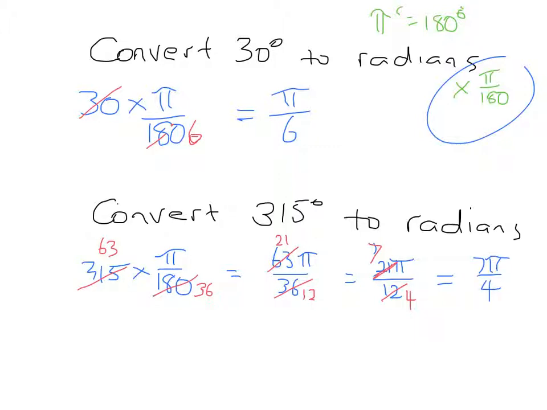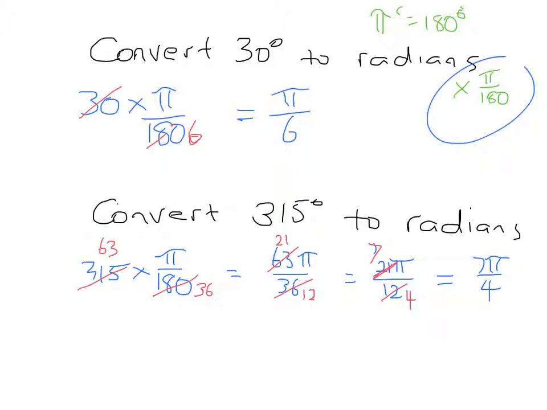Now, if you had have identified earlier that a bigger number will go in, 45 will go into both 315 and 180, you could have cancelled down the 45 for both of them, got straight to the 7 pi over 4. But this is just showing you some steps of breaking it down so that you can get there in smaller steps if you're less comfortable with the big numbers. So the answer we have for this one is 7 pi over 4.